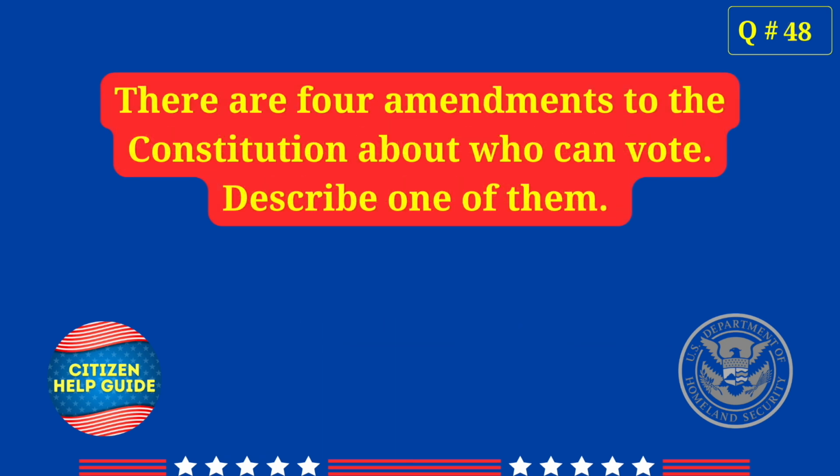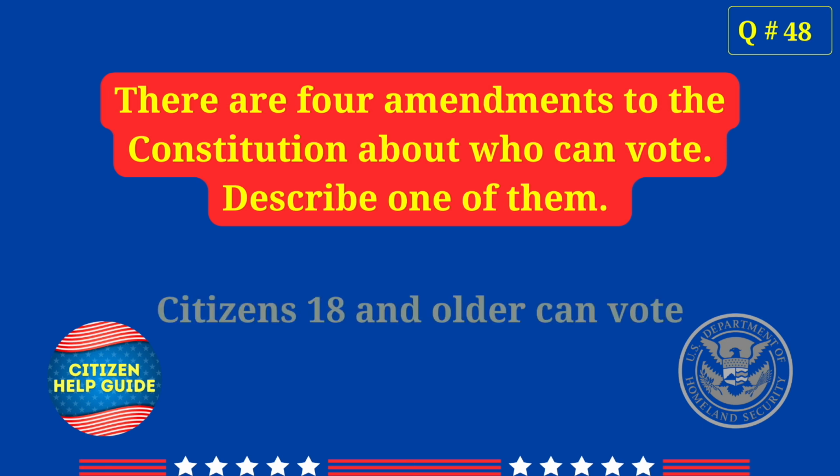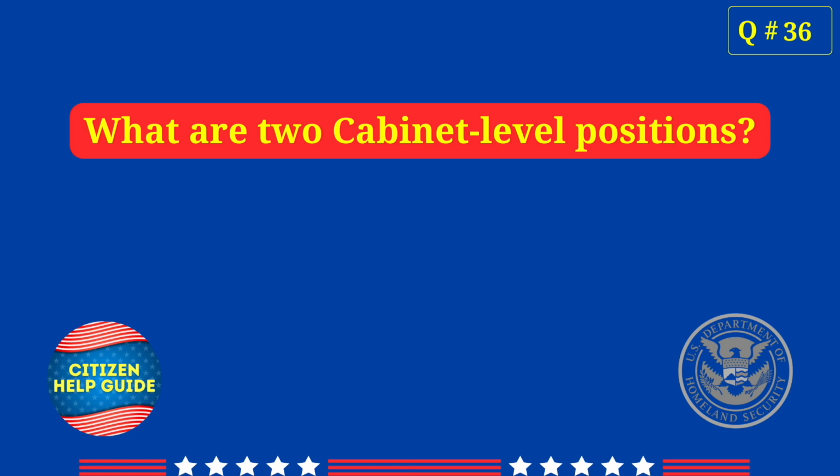There are 4 amendments to the Constitution about who can vote. Describe one of them. Citizens 18 and older can vote. What are two cabinet-level positions?